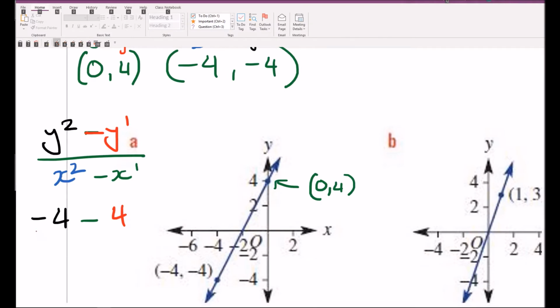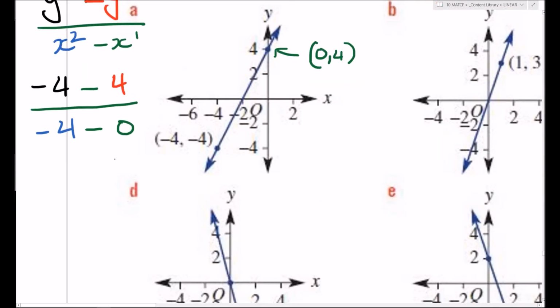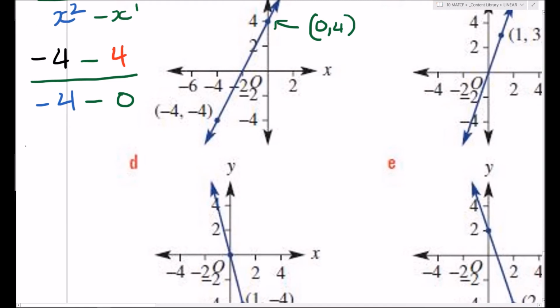Second part on the bottom with the x's: x2, which is negative 4. So you're going to go negative 4, take away x1, which is 0. So minus 0. When you work this out, negative 4 minus 4 equals negative 8, and negative 4 minus nothing leaves you with negative 4.